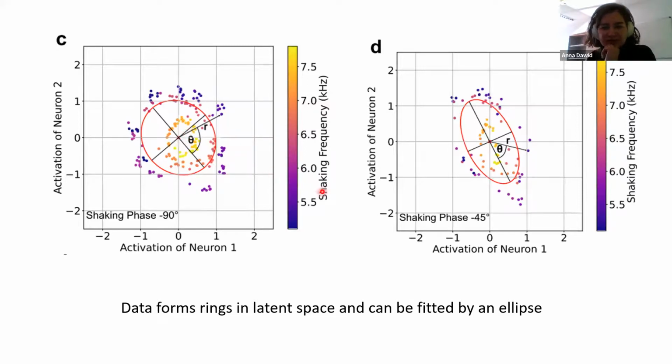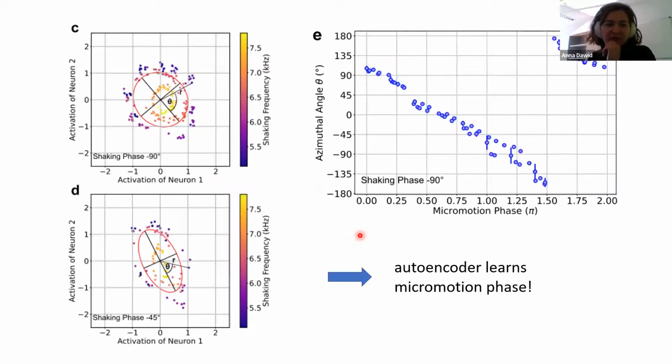And interestingly, if you compare this angle to the micromotion phase that you have in the data, you see a perfect relationship, indicating very straightforwardly that the autoencoder learns the micromotion phase, and this was the dominant feature it found which was needed to reproduce the data.